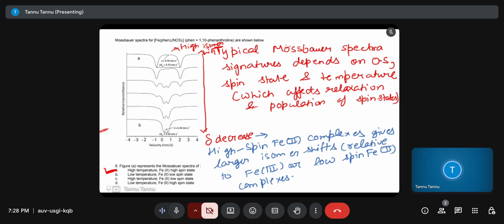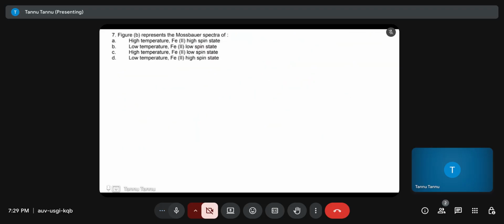So we can say it is either low spin state Fe2+ or it is Fe3+. So the option should be low temperature Fe2+, low spin state.